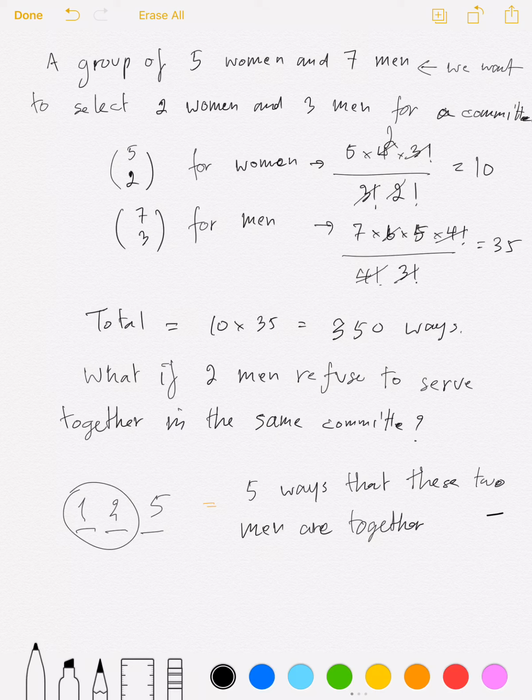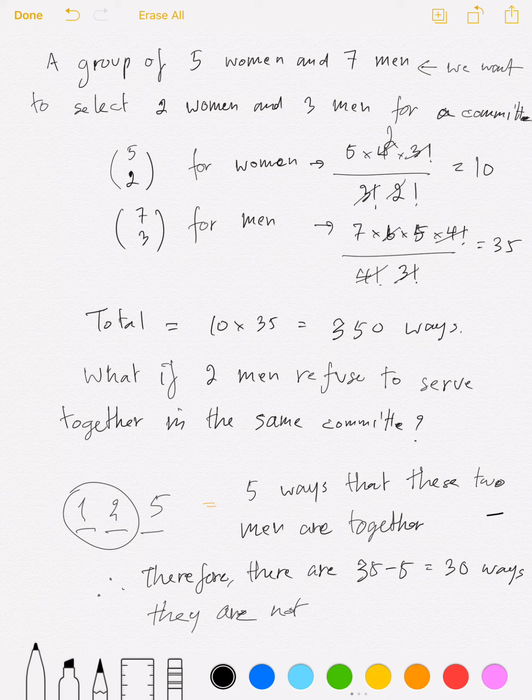Therefore there are 35 minus 5 equal to 30 ways they are not together. Because there are 35 ways total and 5 ways that they will be together, we deduct that from the total, so it's 30 ways.